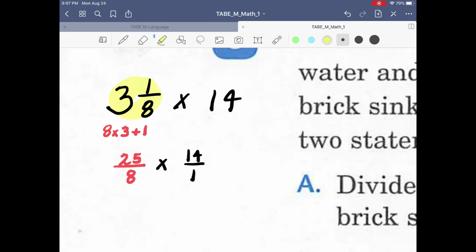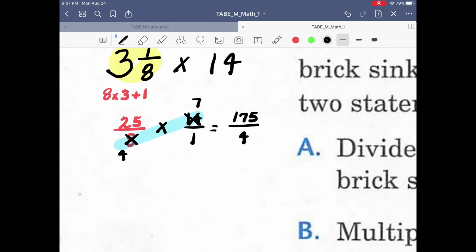And we can do some canceling here. This one's a little bit harder to see, but you can cancel it by 2's. So 2 into 8 is 4. 2 into 14 is 7. So on the top, you will have 25 times 7. That's 175. And then 4 times 1 is 4.